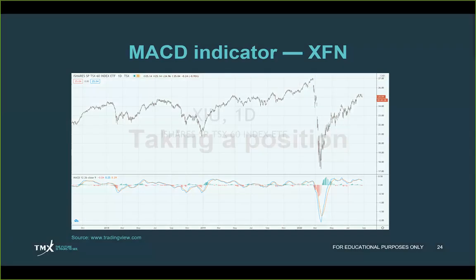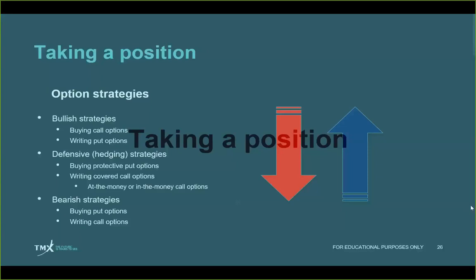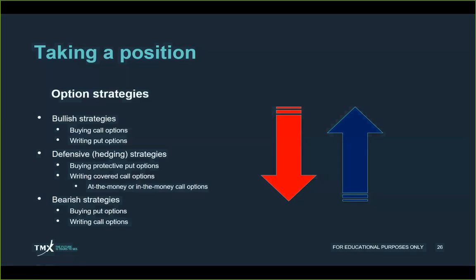All right, so taking a position. We've got all sorts of option strategies available to us, right? At the end of the day, we've gone through bullish strategies and bearish strategies and defensive strategies that we can consider based on our expectation as to what the underlying stock's going to do.